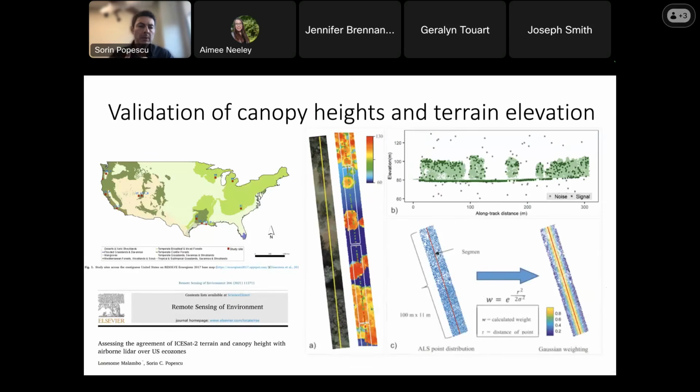If you wonder how good the photons, whether ATL03 or ATL08, portray canopy heights and terrain, we have done a validation study where we looked at ICESat-2 data over multiple ecozones within the continental United States and looked at ground elevations and canopy properties by comparing ATL08 photons to airborne LiDAR data sets.